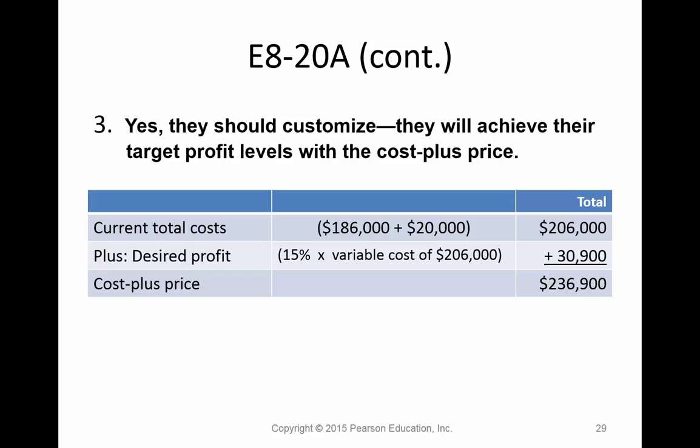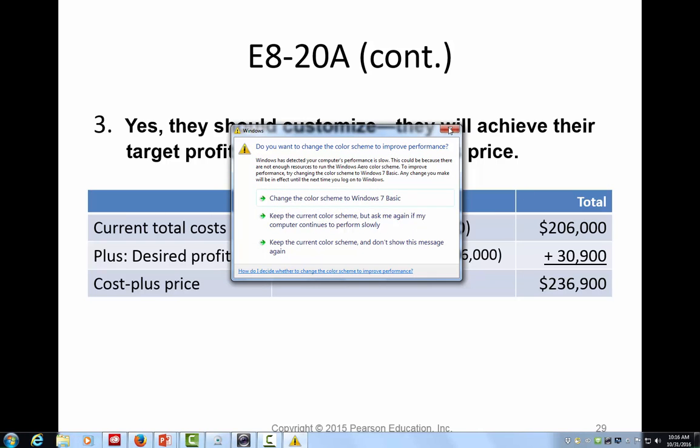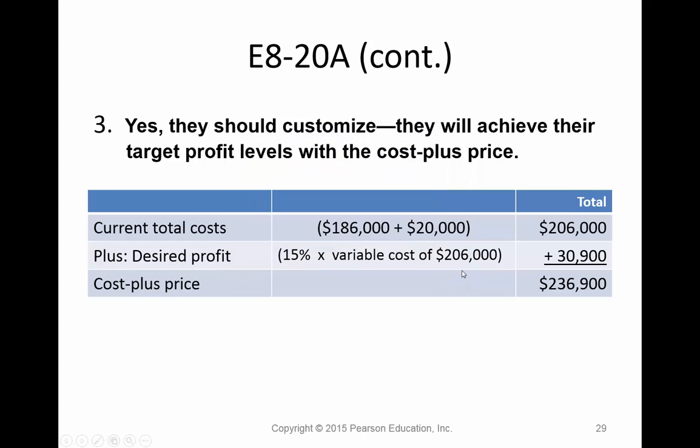That was given in the question for a total of $206,000. Our new variable costs are $206,000, and 15% of that gives us the $30,900. So cost plus price is $236,900. So yes, they should customize because they will achieve their new target profit levels with the cost plus price.